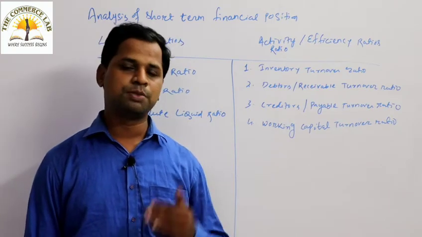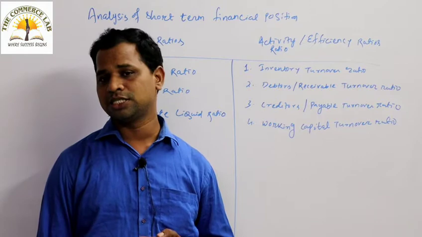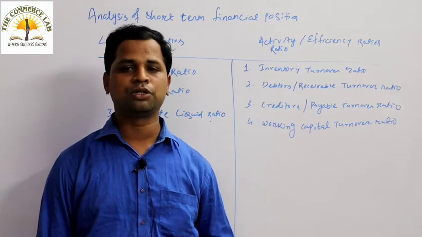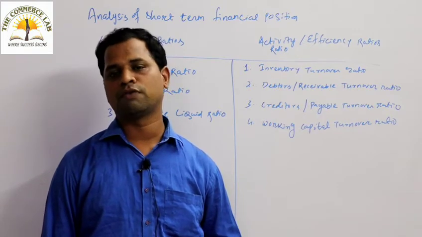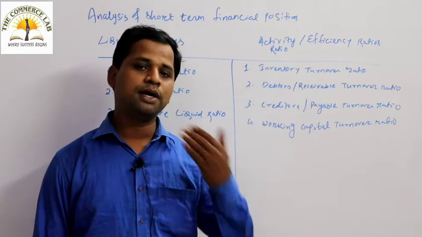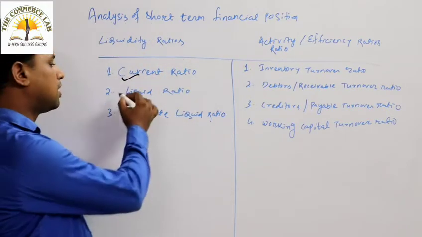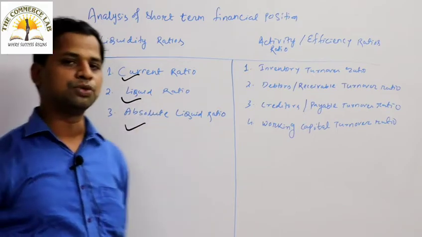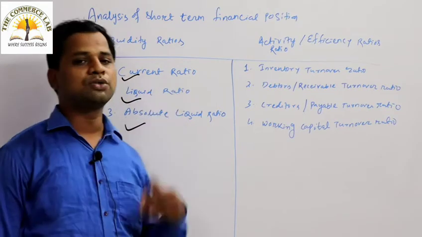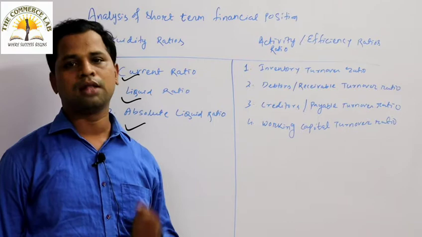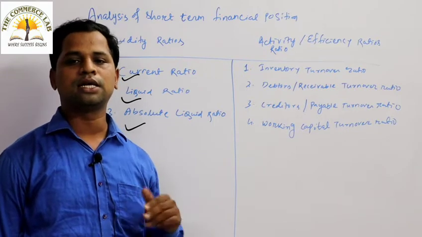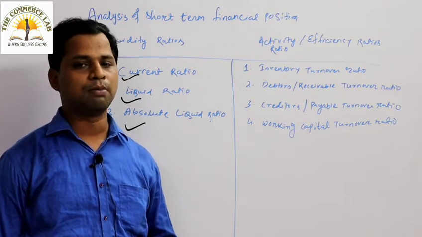In the previous classes, for analyzing the short-term liquidity position or the short-term financial position of the organization, we have already calculated different kinds of ratios such as current ratio, then liquid ratio and absolute liquid ratio. So how to calculate current ratio? Current asset by current liability, and the rule of thumb says that current asset should be 2 times the current liability.